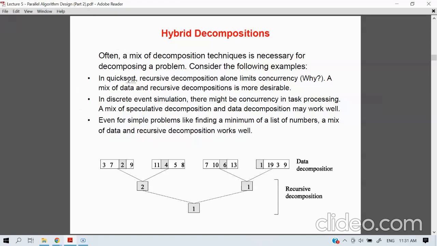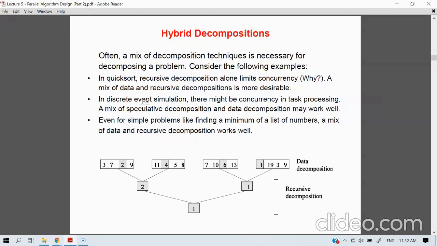So let's say we have this kind of problem. Dia kata in quick sort, they combine, as recursive decomposition alone limits concurrency. Yes, sometimes when we want to do quick sort, the recursive decomposition might limit the concurrency and slow the performance of the process. So why not we combine the recursive decomposition with another technique.